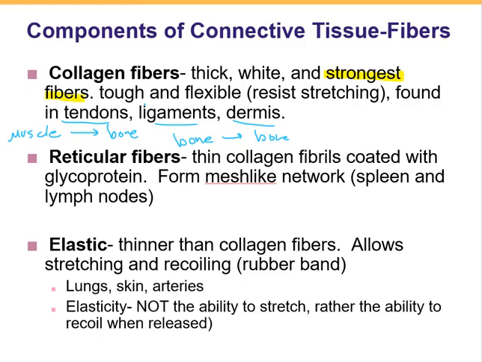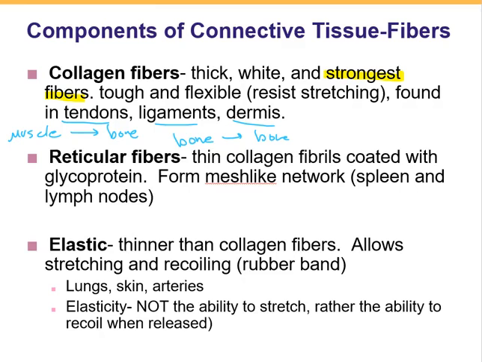So that's the reason collagen creates them strength. Reticular fibers are like delicate webs made of collagen fibrils, little collagen, coated with glycoprotein. They form a mesh-like network, providing support and structure to the soft organs like the spleen and lymph node.